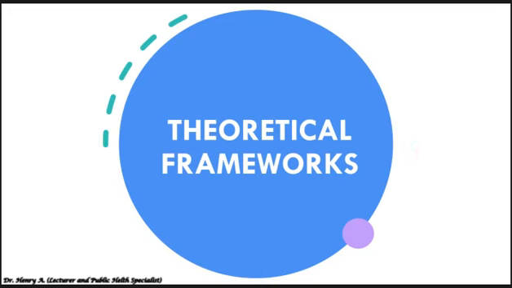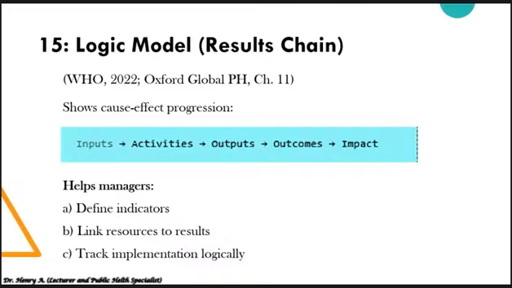So we'll take the first one, which is the logic model results chain, the logic model. If you check the WHO Oxford Global Health Public Health Chapter 11 and also WHO 2022 document, you will see a model there. It shows the cause-effect progression. So when there is an input, the input brings about activities that are carried out in line with the goals, using the resources that have been supplied, and then there is an output.